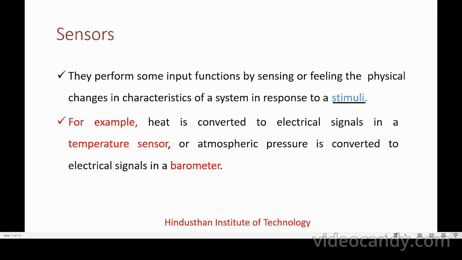For example, in a temperature sensor, heat is converted to electrical signals. For example, in a barometer, atmospheric pressure is converted to electrical signals. So these are two examples of a sensor.